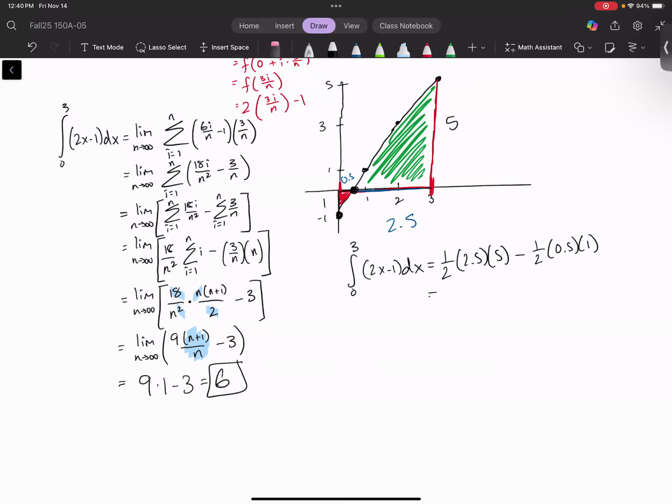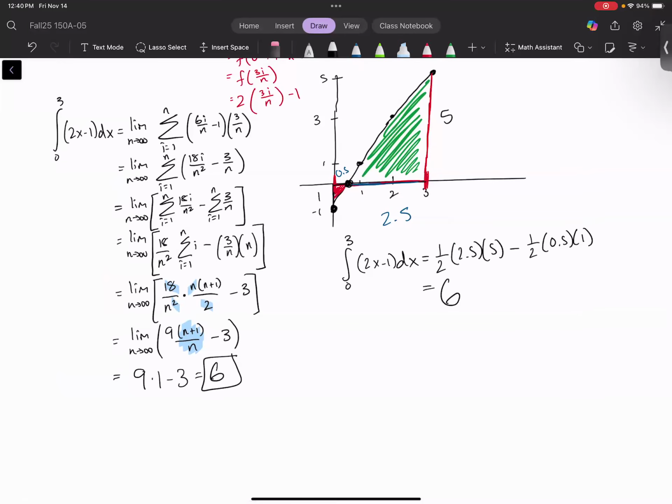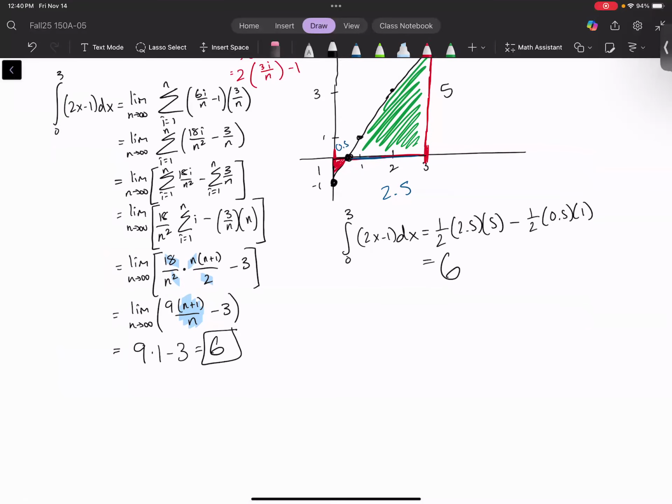And what do you know? That's going to give you 6. So we checked our answer. Now, we could only do that because those are shapes we already knew, right? Triangles, rectangles might pop up, but this limit process, the Riemann sum definition, comes in useful for everything else.